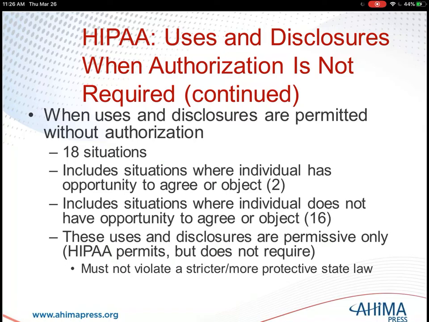Now, this says at the bottom of 226, on the third line of that paragraph, uses and disclosures for which an authorization or opportunity to agree or object is not required. So that's our first 12.